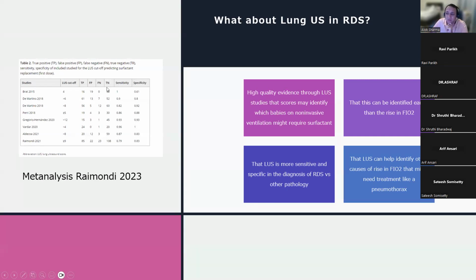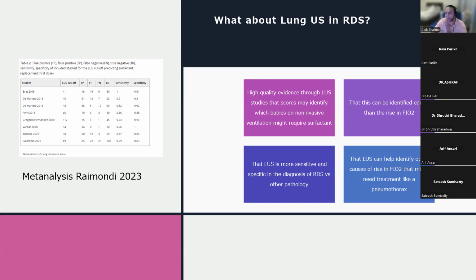We have all of this put into a meta-analysis by Raimondi. I would say this is grade A evidence that you can use lung ultrasound not just for the diagnosis of respiratory distress syndrome, but also for the diagnosis of consolidation.